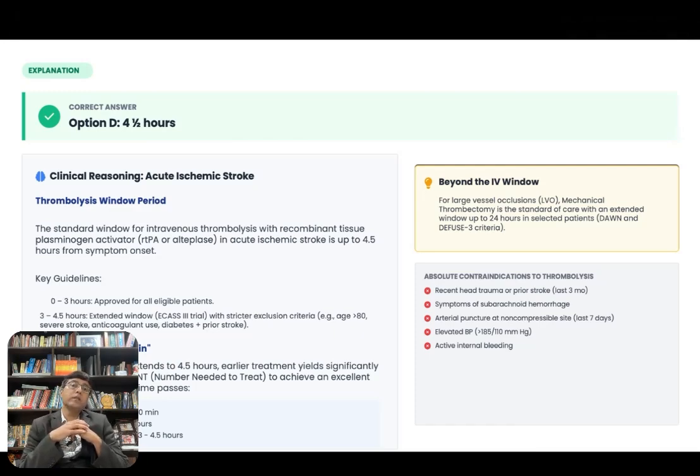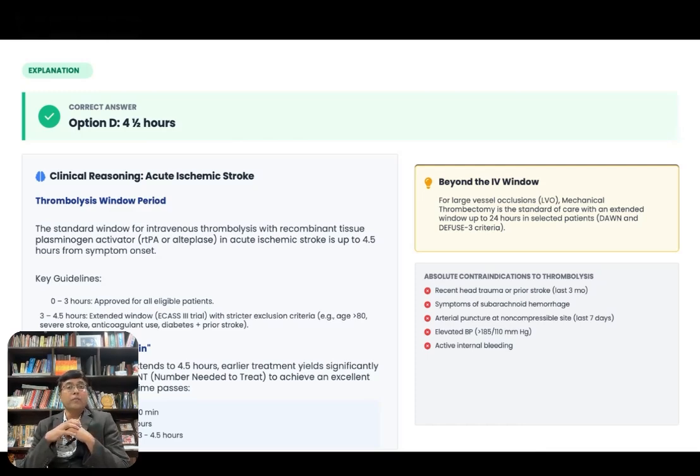Next thing is the thrombolysis. We have already discussed the window period of thrombolysis, and the agent we usually use is rtPA, recombinant tissue plasminogen activator, in the form of alteplase or tenecteplase.